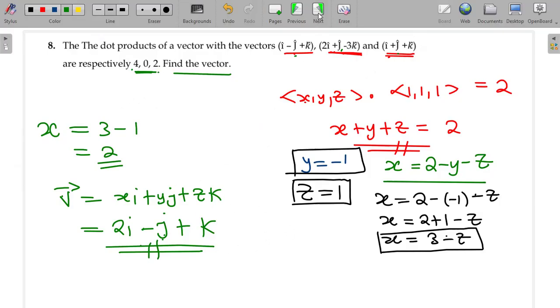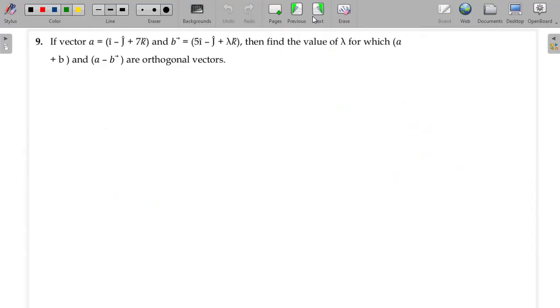All right. So we move to the last question in this video, which is on orthogonal vectors. We're still using the concept of the dot product. So let's take a look at this question. They're saying a vector A given by this, and a vector B. If vector A is this and B is that, then find the value of lambda.